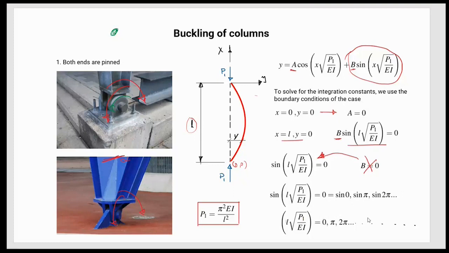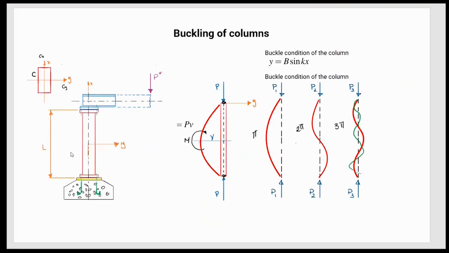And 0 cannot be the value, but the most reasonable value for this to happen is that the solution is pi, and this is related to this one here. Remember, the solution for how the element deforms is equal to pi.